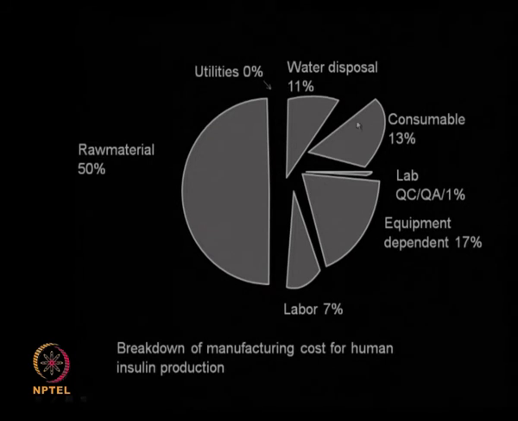So, all these are called consumables, and 11% is because of the water which you are using, water disposal. So, that means effluent related cost. So, 50% of the cost is raw material related cost. So, there is a lot of scope for performing optimization so that the raw material cost can be brought down.